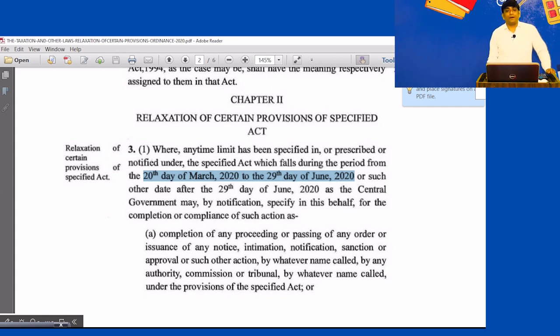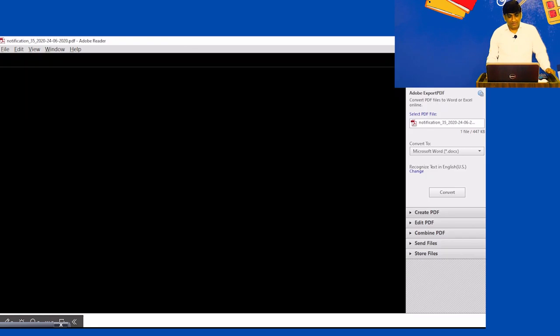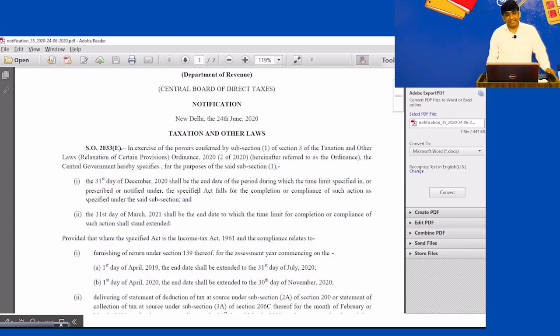It means any kind of compliances which fall due before 31st of December 2020, for any kind of compliances falling due from 20th of March to 31st day of December 2020, their due date of filing of return shall be extended to 31st of March 2021.